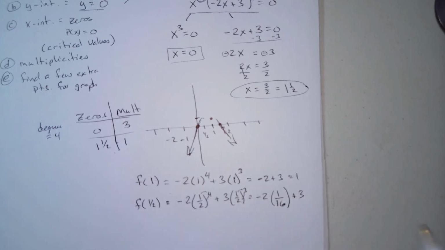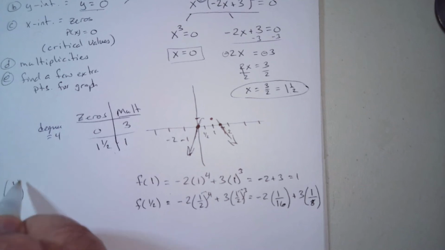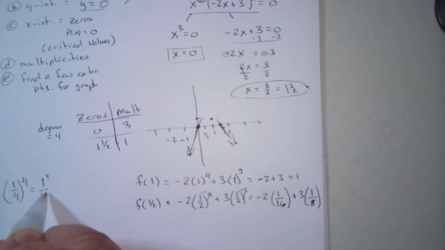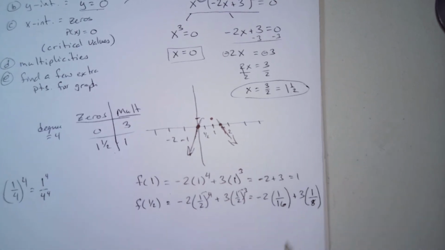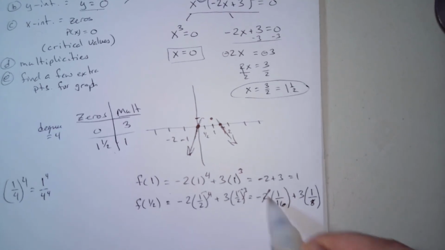Now these get to the power 3. 1 to the power 3 is 1. 2 to the power 3 is 8. So remember, (1/2) to the 4th is the same thing as 1 to the 4th over 2 to the 4th. All right, so now 2 and the 16 cancel.